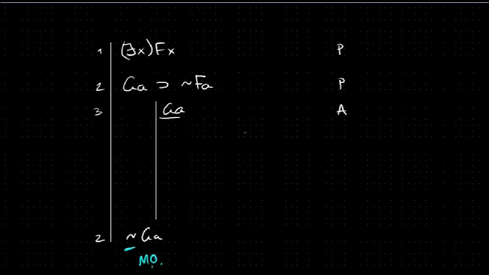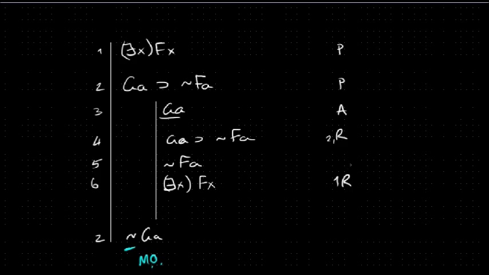Okay, so what we might try and do from here is, on line 4 we'll reiterate this conditional, Ga then not Fa, that's a reiteration of 2, and then use that to derive not Fa. Now we might think that, look, if we reiterate up, there exists an x such that Fx, 1 reiteration, this was 3, 4 conditional elimination.